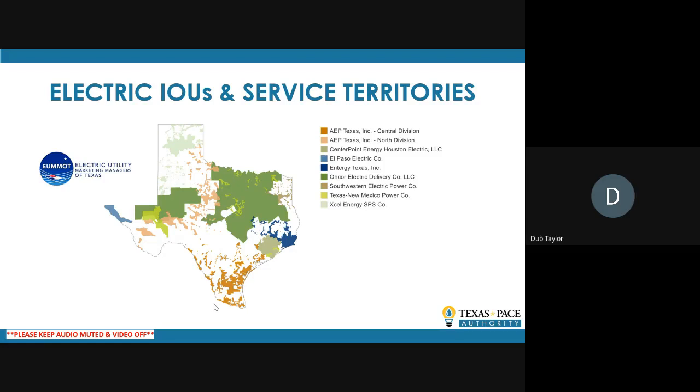Southwestern Electric Power Company, which is in the northeast, Texas, New Mexico, which has a bifurcated service territory, both north and then some around the south of Houston, Texas City area, and then Xcel, which is up in the Panhandle. So as you can see, there's a lot of white on this map that's not covered, and that's covered by the other types of utilities.